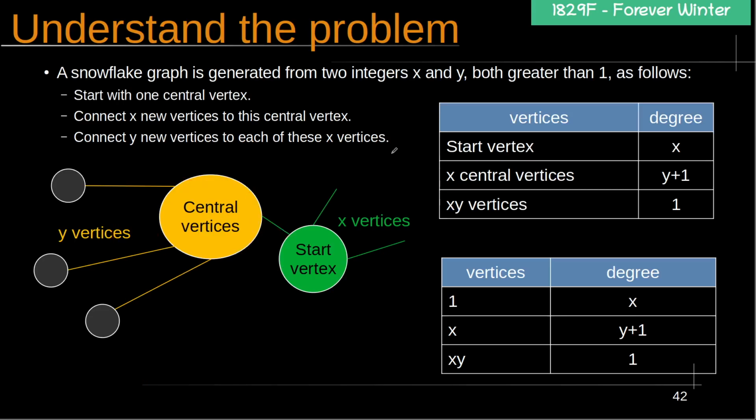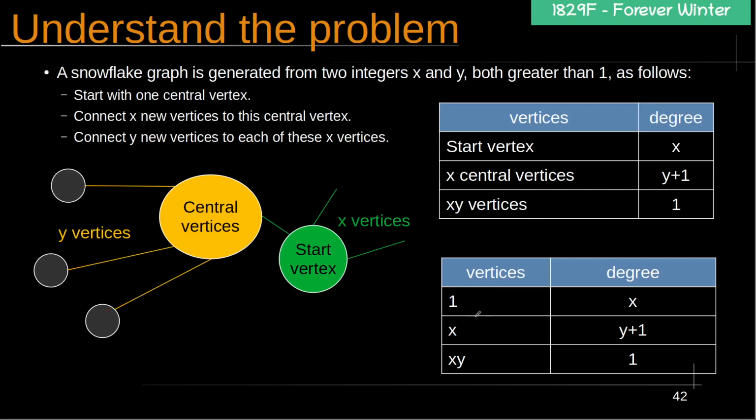Then we have the end vertices here. How many end vertices do we have? For each center vertex we have y end vertices, and we have x center vertices. So in total we have x times y end vertices, each one of degree 1.